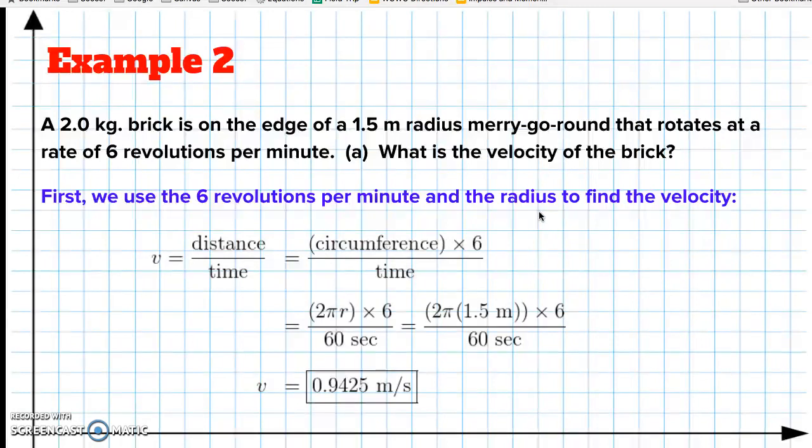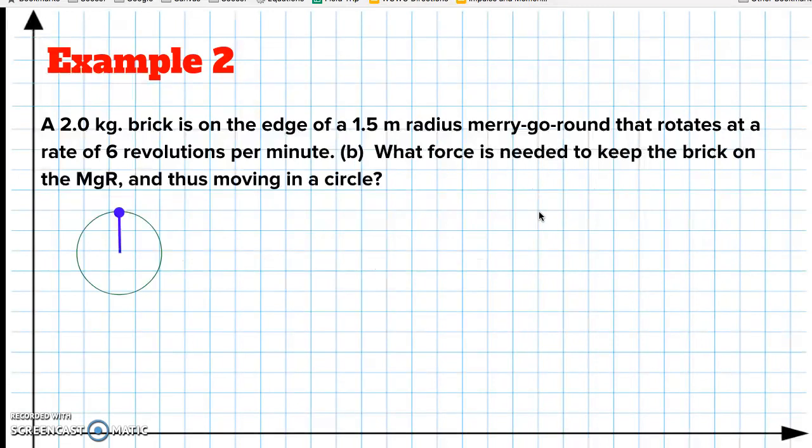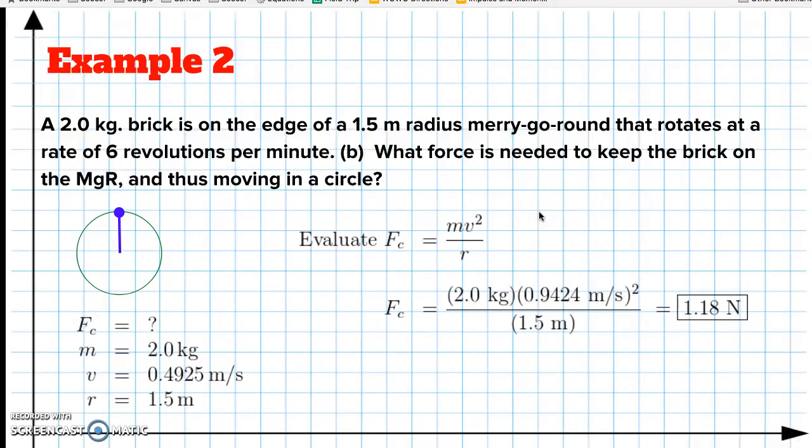Once you know the velocity, calculating the force that's needed is fairly straightforward. We simply evaluate the expression mv squared over r. We now know the velocity, it's 0.9424 meters per second. Put that in the expression and we calculate 1.18 newtons is the force that is required to make this rock move in a circle.